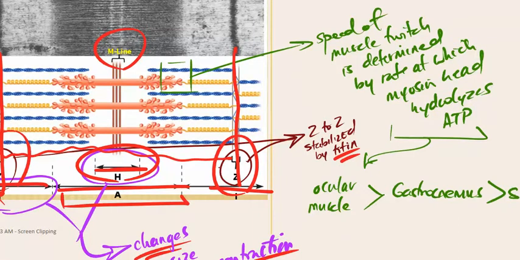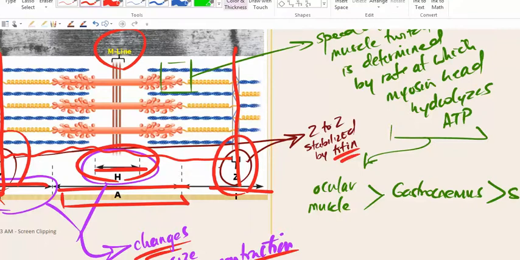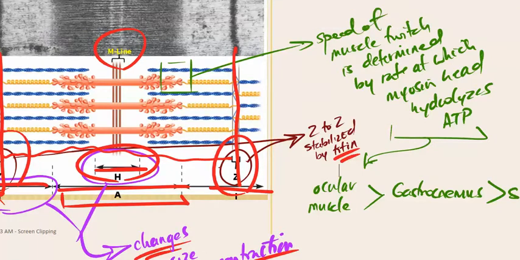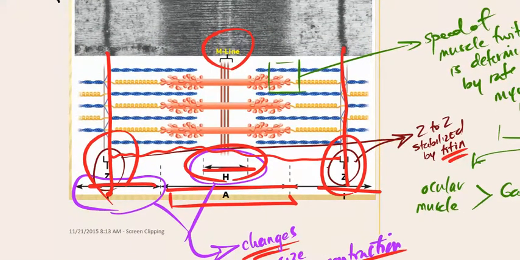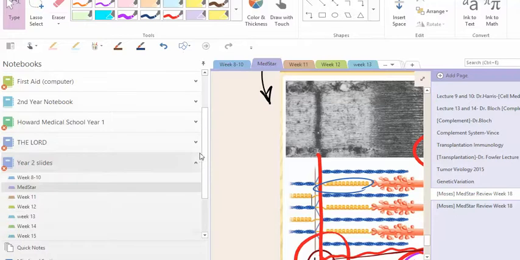Yeah, go ahead. Is it from the myosin to the Z line? So from here, right here? That's not what I saw in the lecture, but I can check.